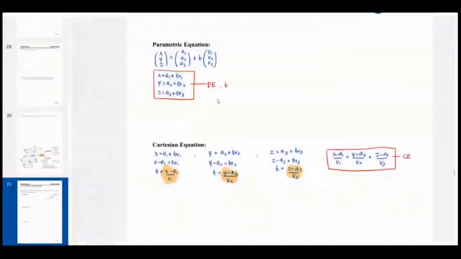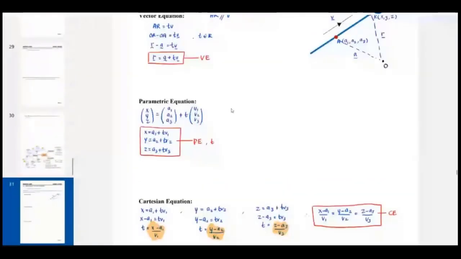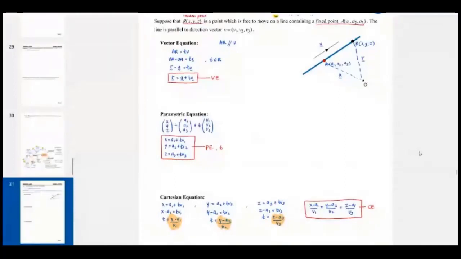Okay, salin dulu. Okay, you done? Sudah, Miss. Okay. Alright, so now we want to apply all those things in example 8a.